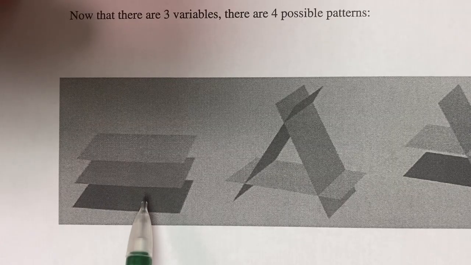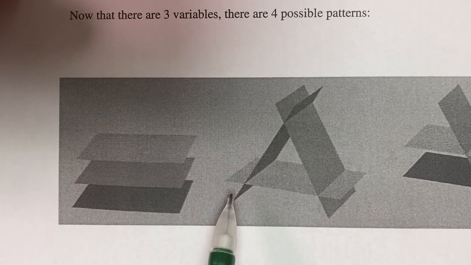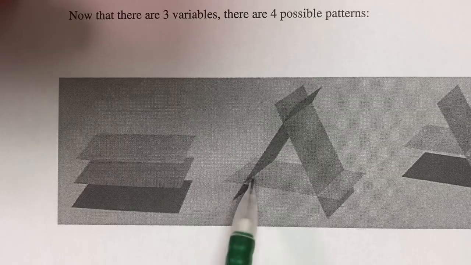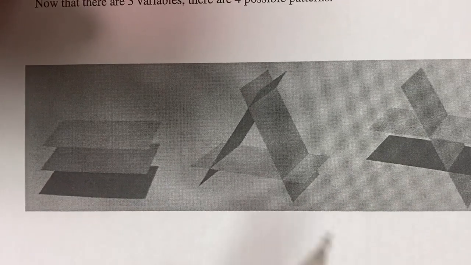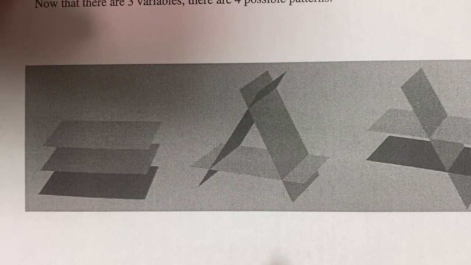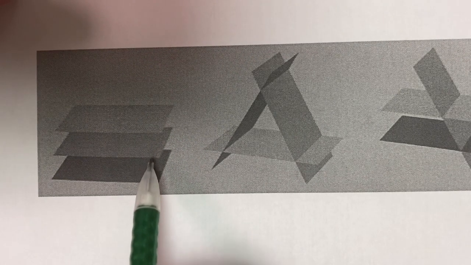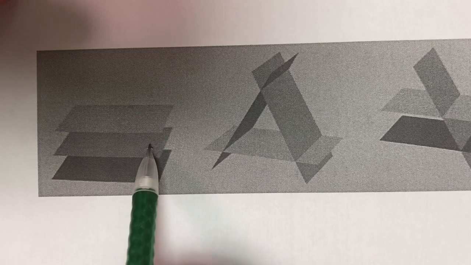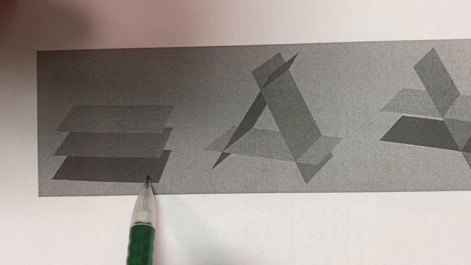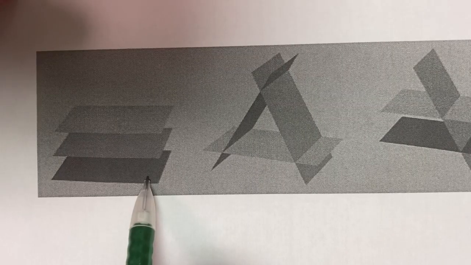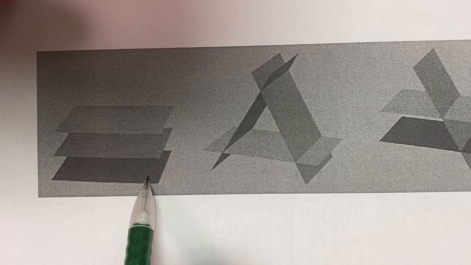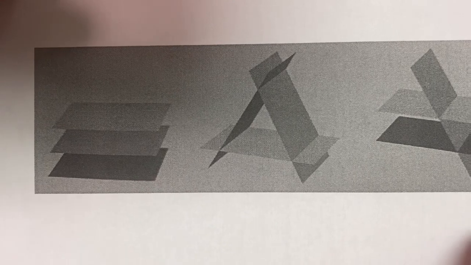here are 3 different things that can happen. Now, all 3 of these pictures mean that there is no solution to the system. If you look at here, you're looking at a place where the 3 planes are parallel. Obviously, they do not all cross at one point because, again, if you're looking for a solution to the system, you're looking for a point or points where all 3 planes cross.